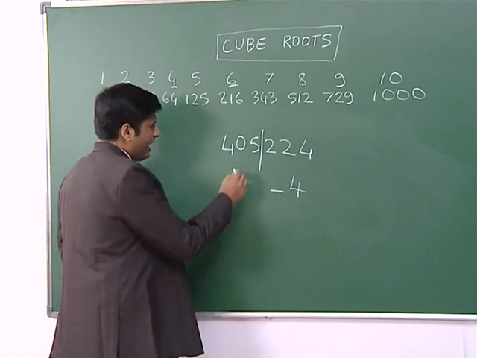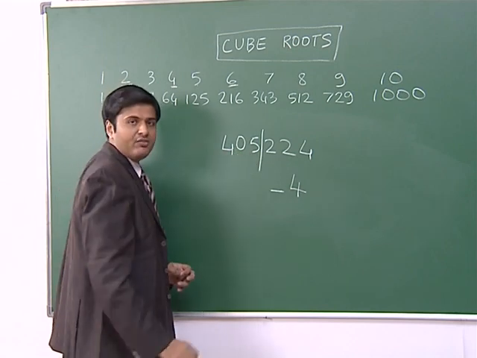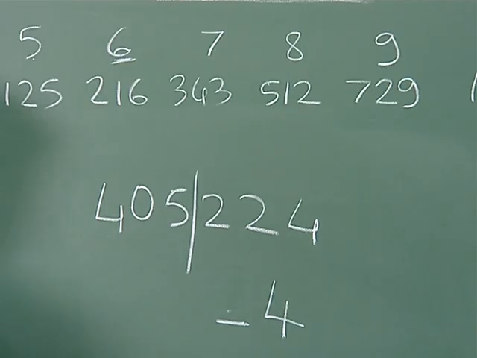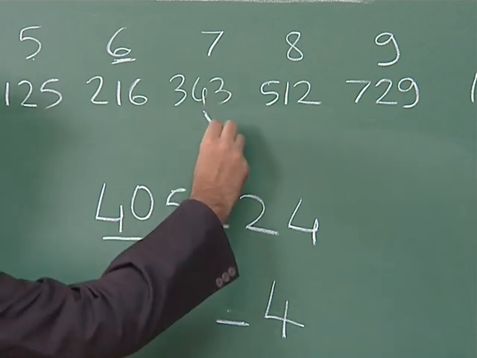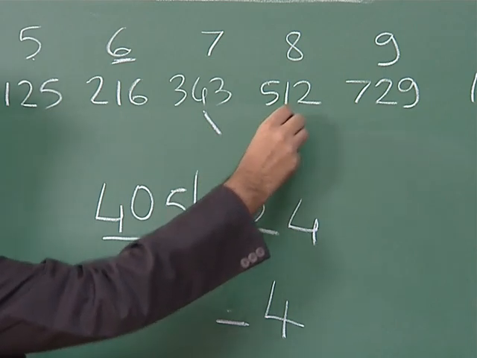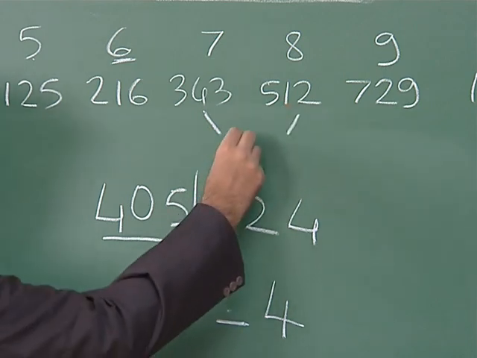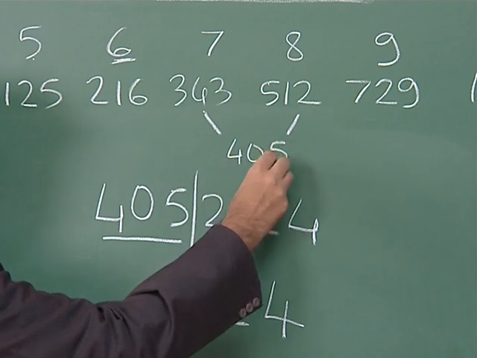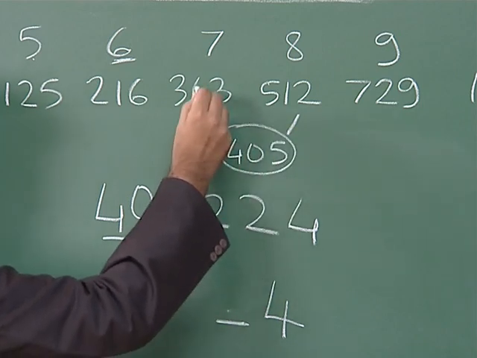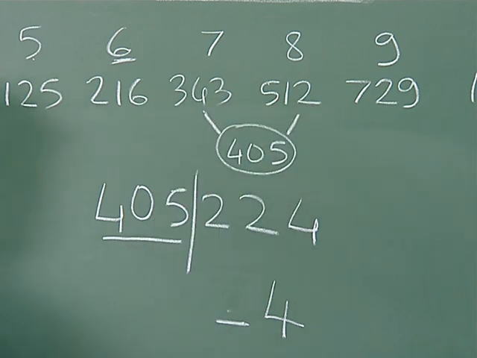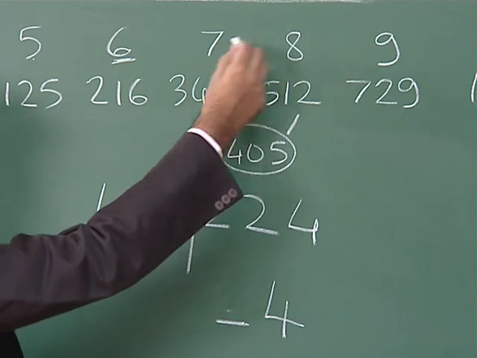And next I check where will 405 come in the number line. So now the part to the left of the slash is 405. 405 is bigger than 343 and smaller than 512. In other words, 405 is between 343 and 512, or between 7 and 8.